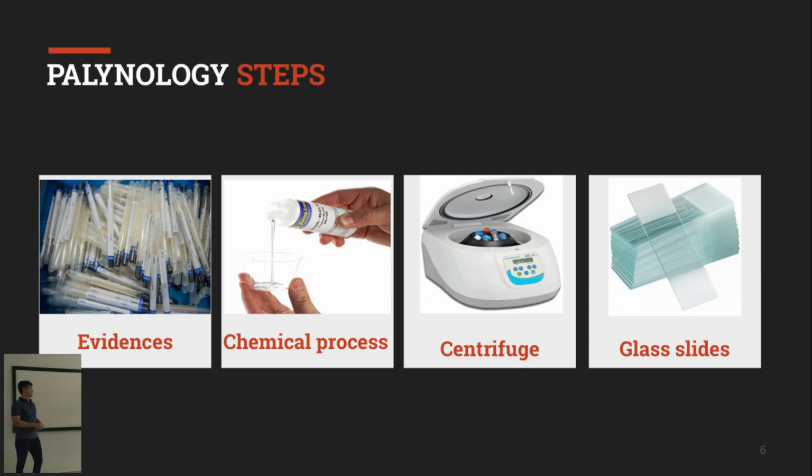And next, the palynologist will do a series of chemical processes. Why? Because you could understand pollen grains as invisible elements, and we need to apply chemical processes to see these pollen grains and to separate them, because the next step is the centrifuge.